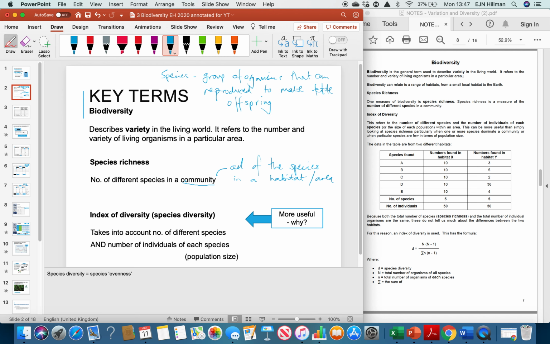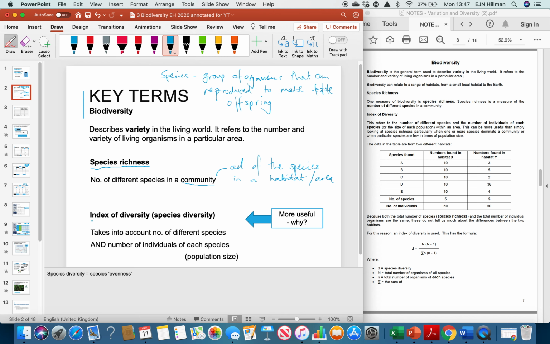Okay, so in a community there may be a number of different species, and if you count up those number of different species, you have the species richness. Okay, so it's quite a straightforward way, a simple way of measuring the biodiversity of a habitat or an area.